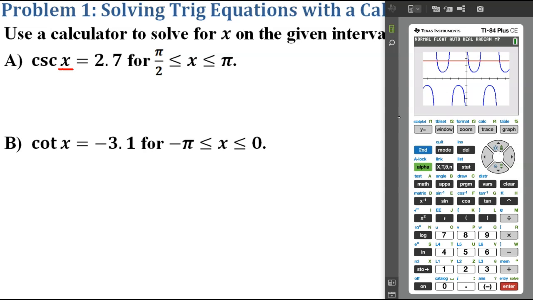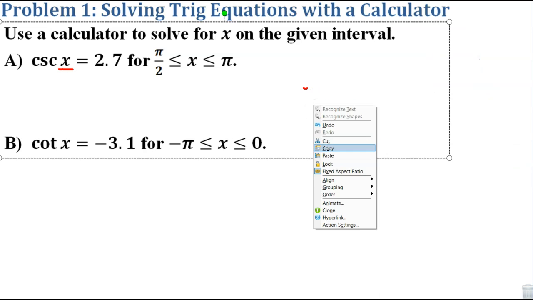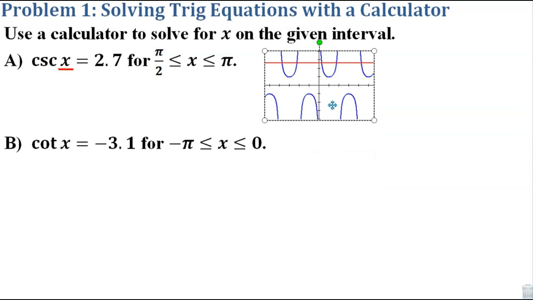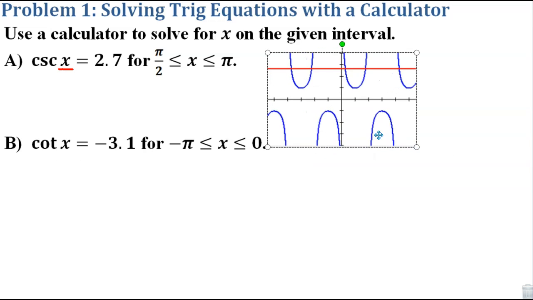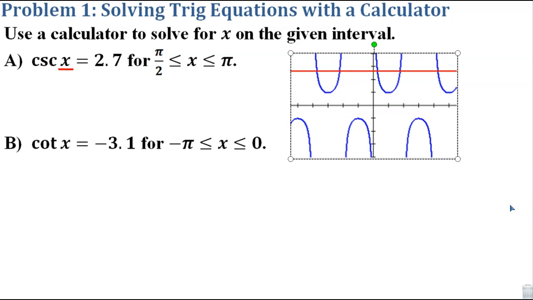So let me make that picture bigger quick. Yep, there we go. Now, how does this picture work? I've got my cosecant curve in blue, and then my 2.7 in red. And like we said, the big thing zoom trig does is it gives us a nice x-axis scale.